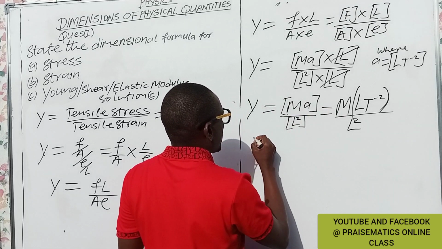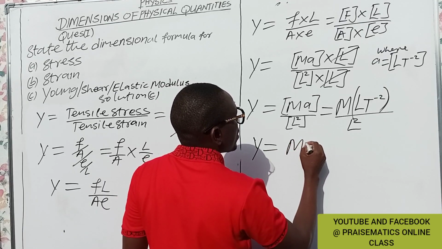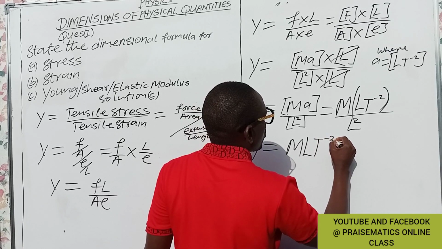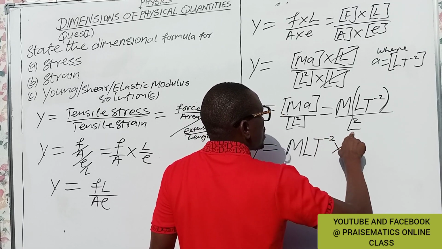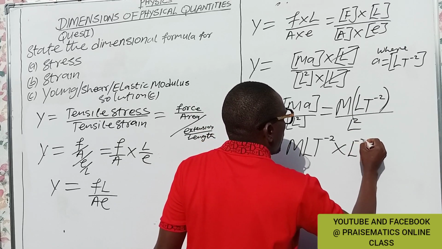Taking this up, Young modulus is equal to mass times length times t raised to power minus 2, multiplied by L raised to power minus 2.